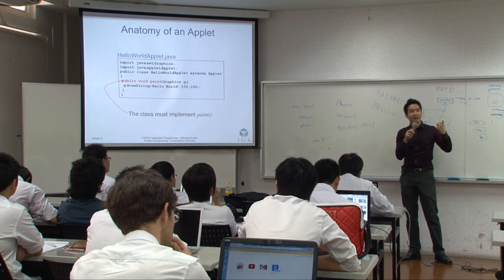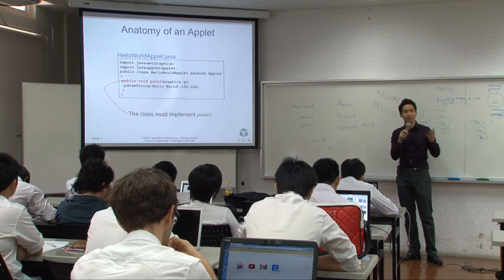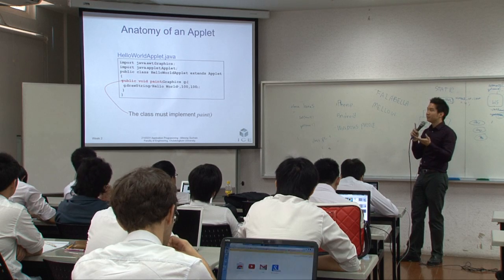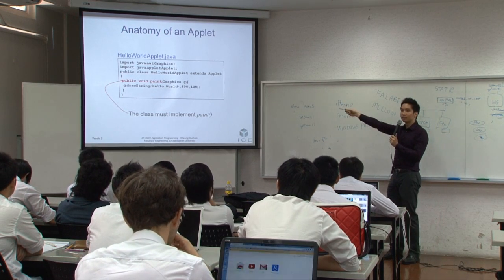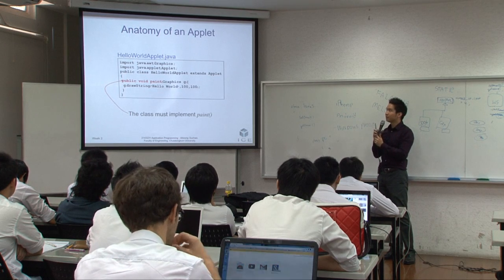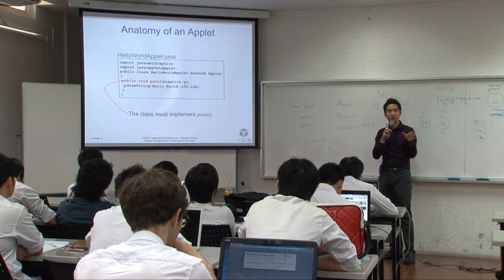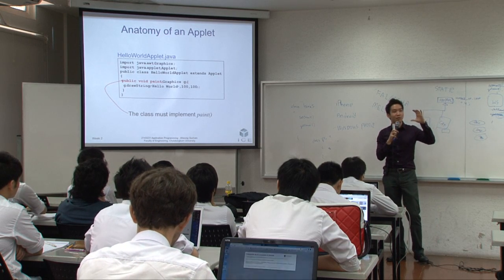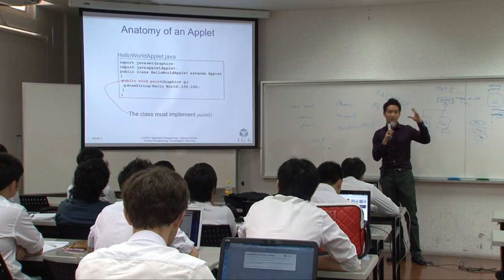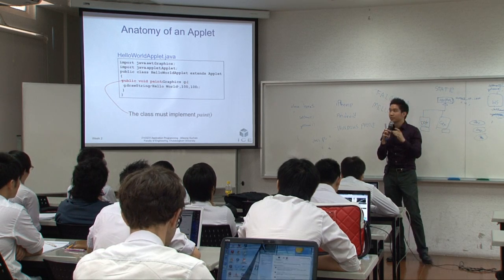You are actually extending or customizing how an applet looks. This is why I asked the question. If I did not put the g.drawString, you can probably infer from the slide that when you have drawString and pass in the string, it will write some string on the screen. But if you did not have that, you still have a running application, although it doesn't do anything, it's just a blank screen.